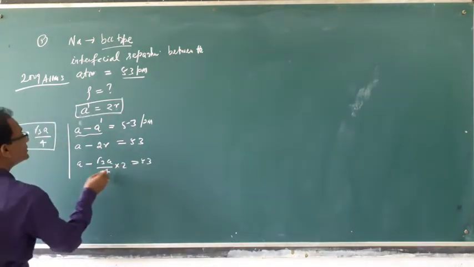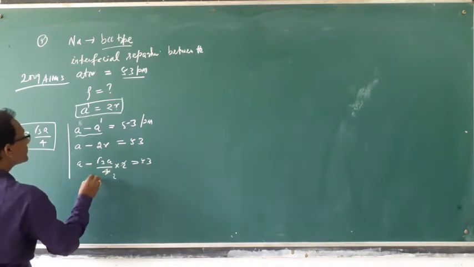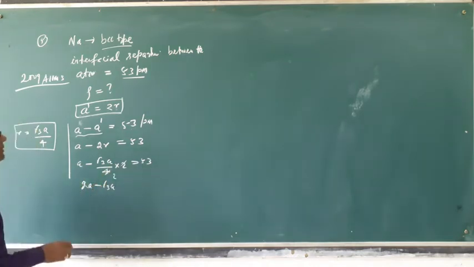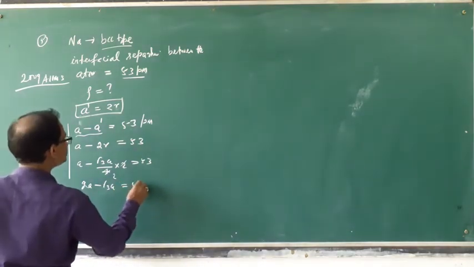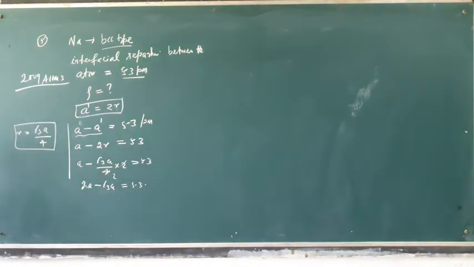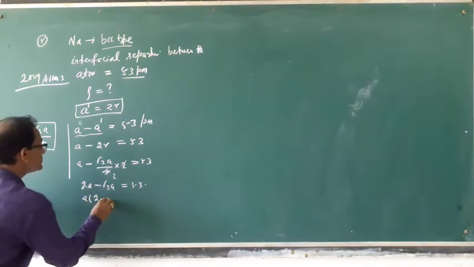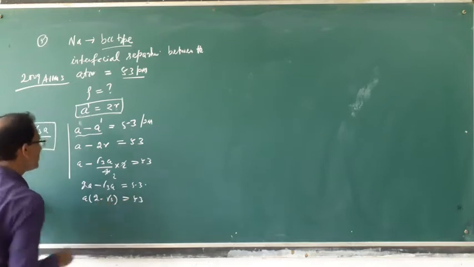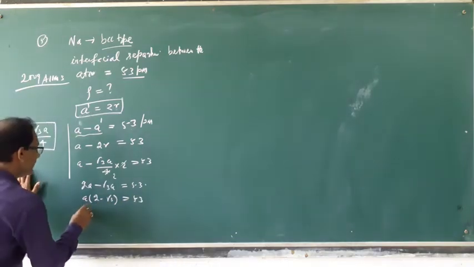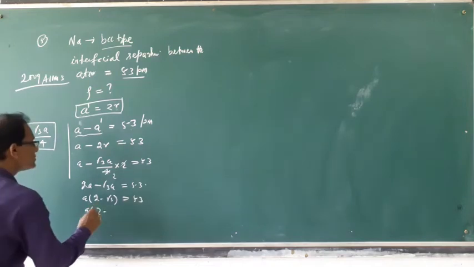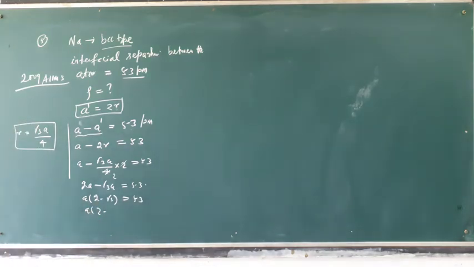That means 2A minus root 3A is equal to 53. What is the A value? If you take A common, A into (2 minus root 3) is equal to 53. Then 2 minus root 3 is how much? 1.732.